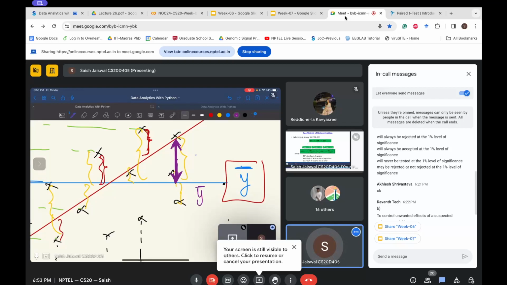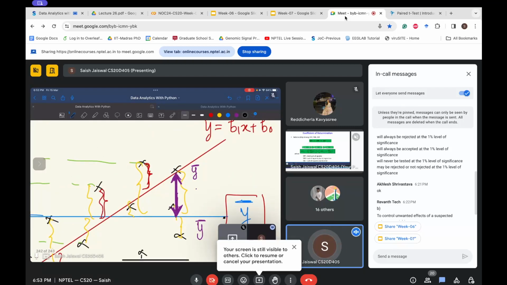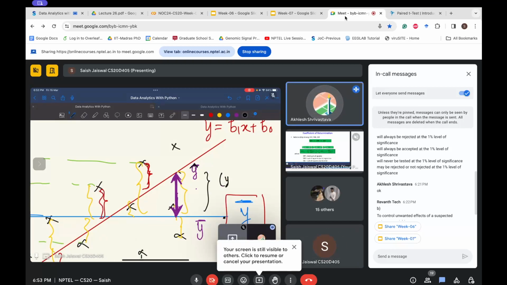This is your y bar, this is y hat, and let's say this x is over here. So this is your y hat. So y hat minus y bar square is the error that is getting explained by your line equation.